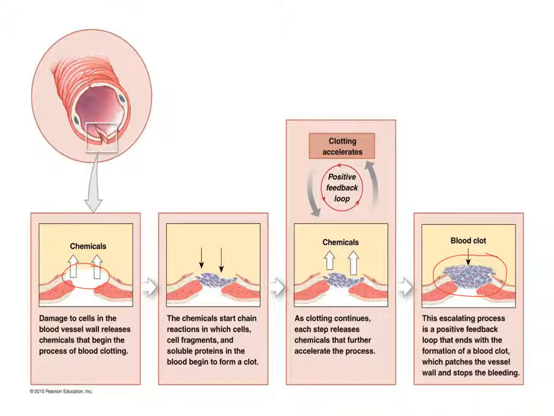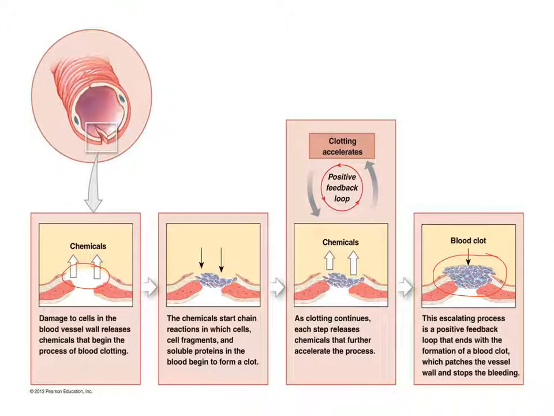The example with the bleeding would be this case. There would be a cut. There's damage to the blood vessel wall. It releases the chemicals that begin the process of blood clotting. As the blood begins to move, it brings clotting chemicals or platelets. It starts a chain reaction where soluble proteins in the blood begin to form a clot. The clotting continues.